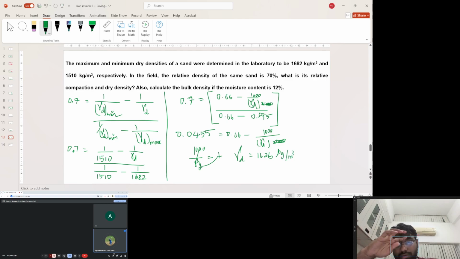Now we need to see the relative compaction. Relative compaction is the density obtained in the field divided by the maximum density.